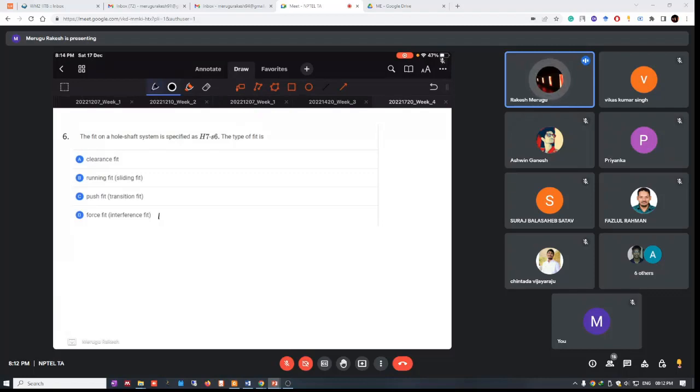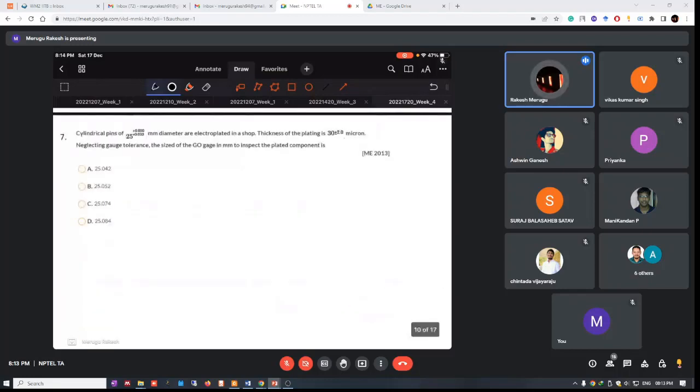Shall we move to next question? Or anyone is thinking? Option D. Hmm. So the upper limit of the hole is less than the lower limit of the shaft. Okay. Yeah, this is an interesting question. You can solve.